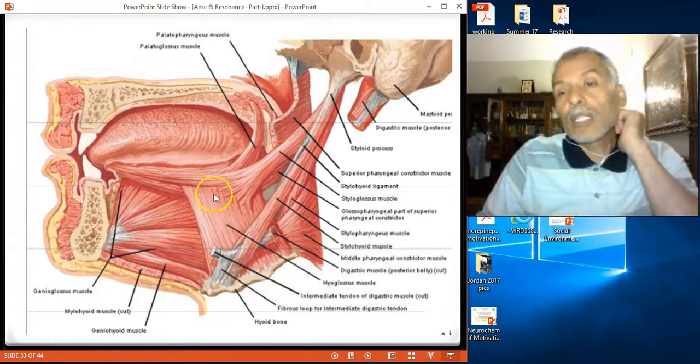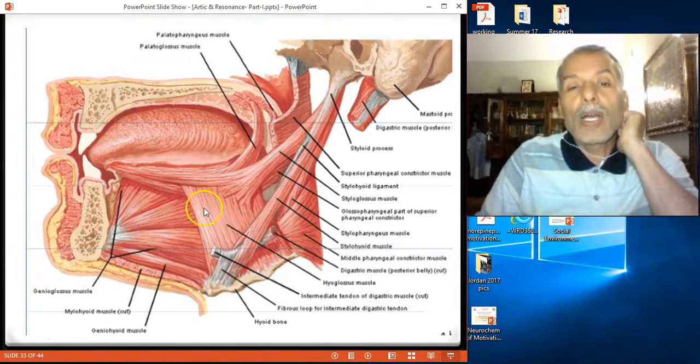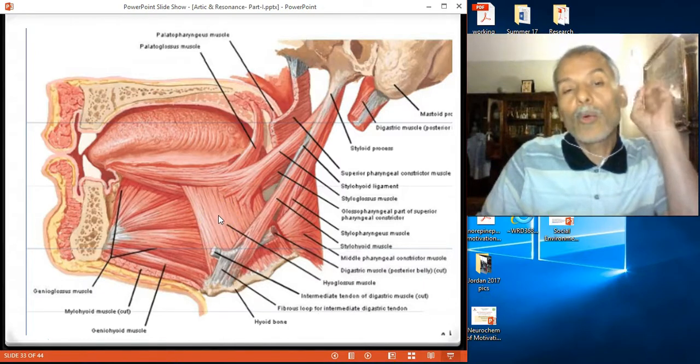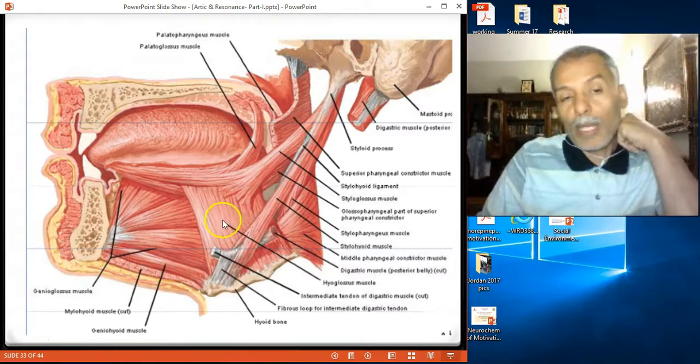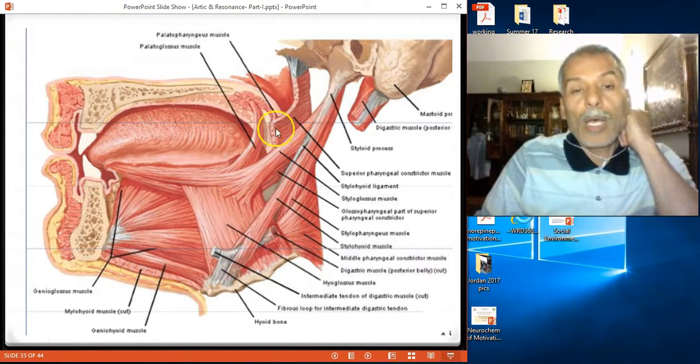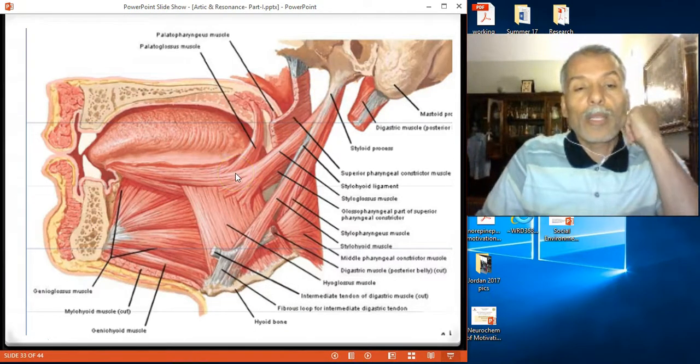That is the muscle that you use to make ah. It is very important that you know the muscle, how it works, where it originates, and what sounds it helps us make. So hyoglossus, genioglossus, and styloglossus.